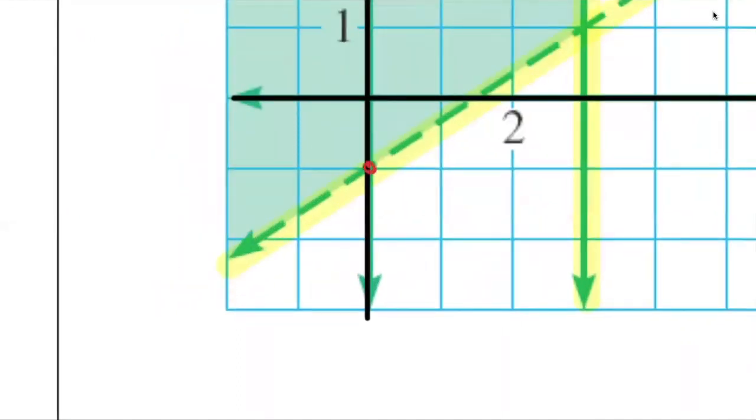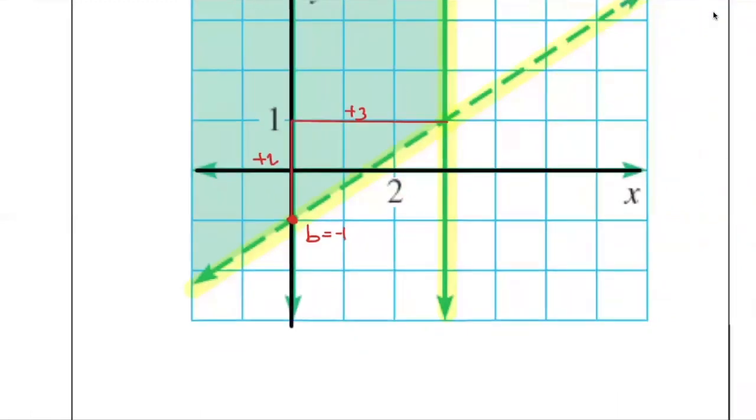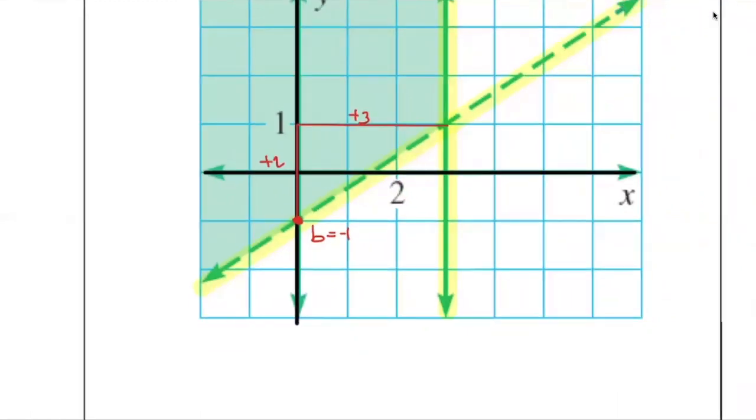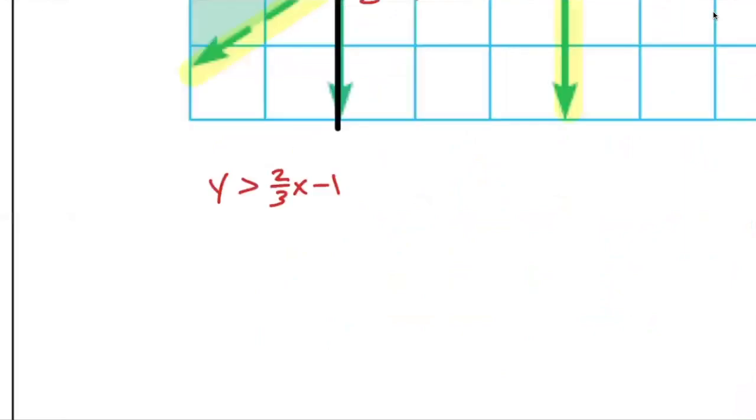We have a b value of -1, and if I look at my slope, I'm going to go up 2 and right 3. Notice how it is a dashed line and we're shaded above, so dashed and above, which means I want y greater than 2/3 x minus 1.